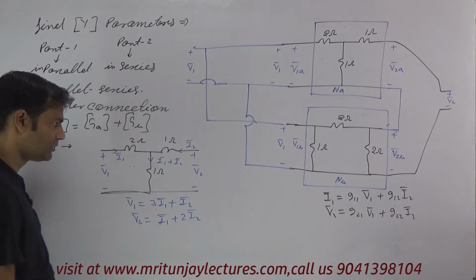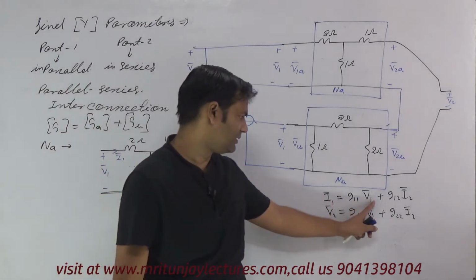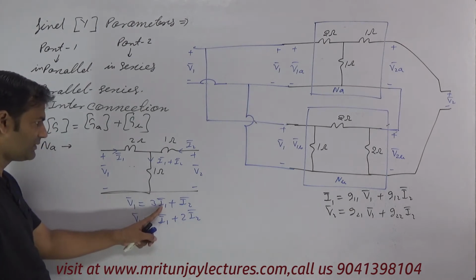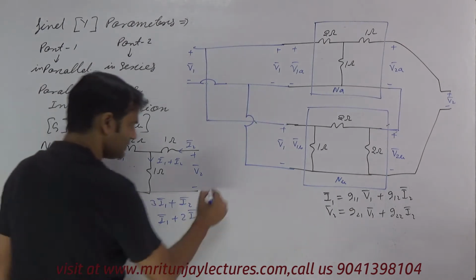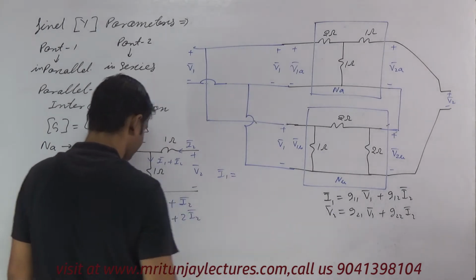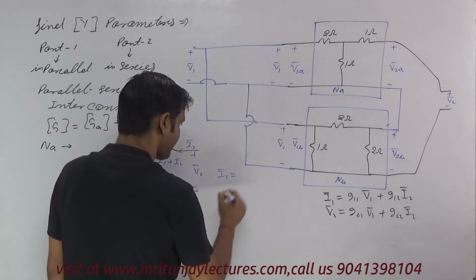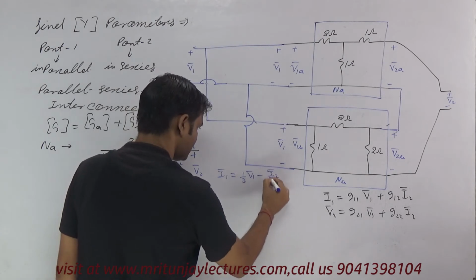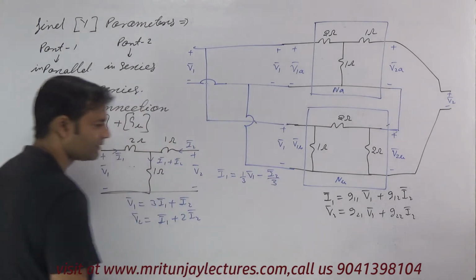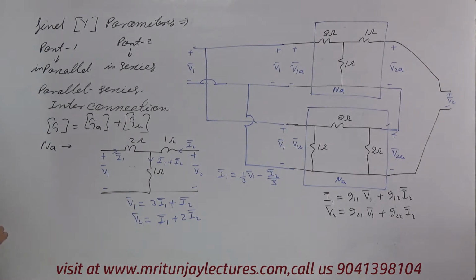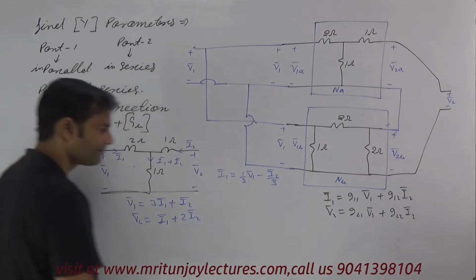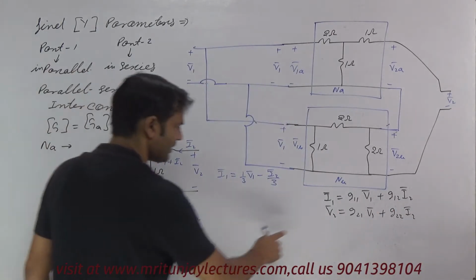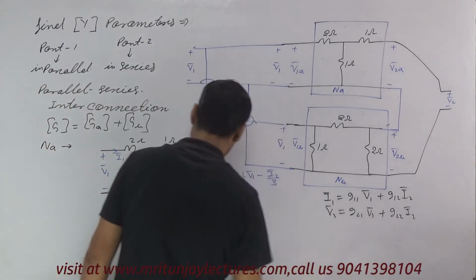First, I1 in terms of V1 and I2: I1 is written as 1 by 3 V1 minus I2 by 3. Our next target is V2 in terms of V1 and I2.